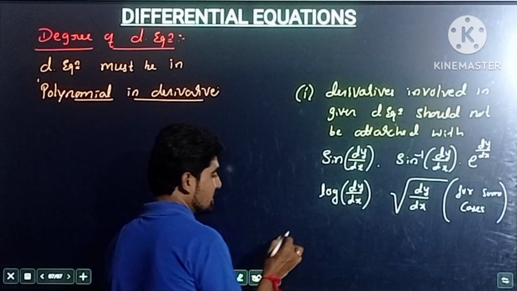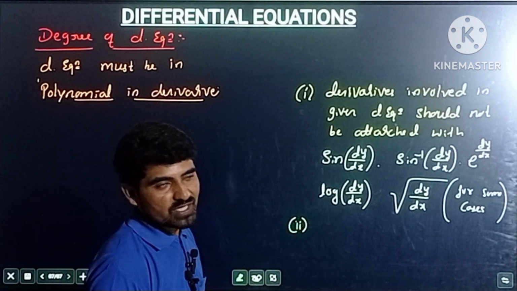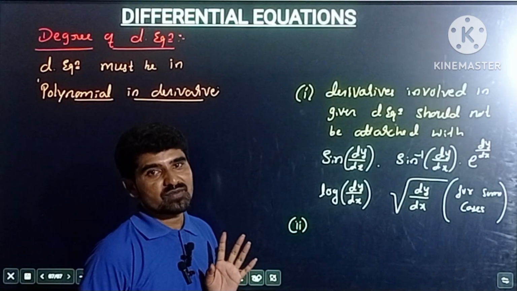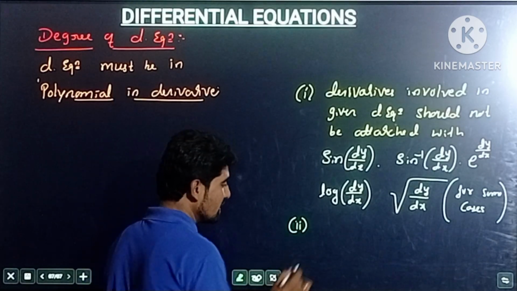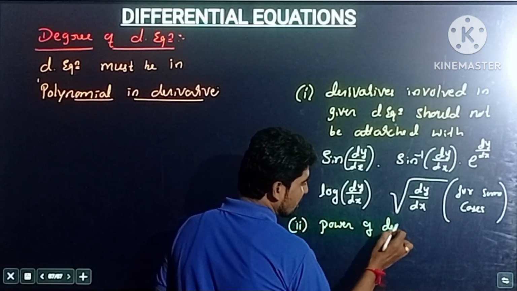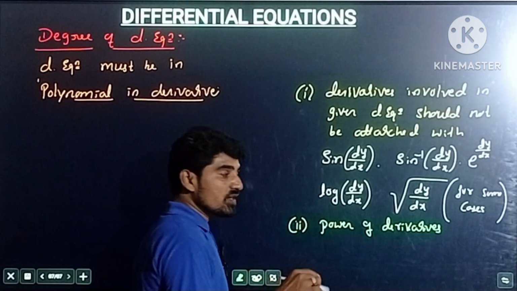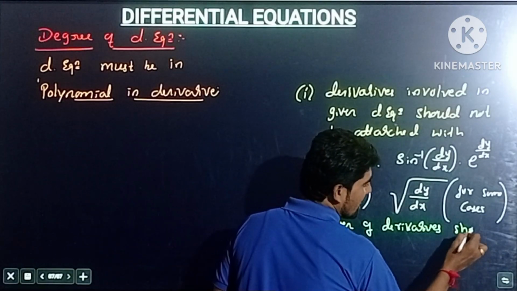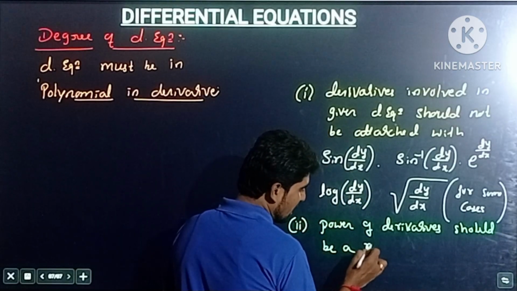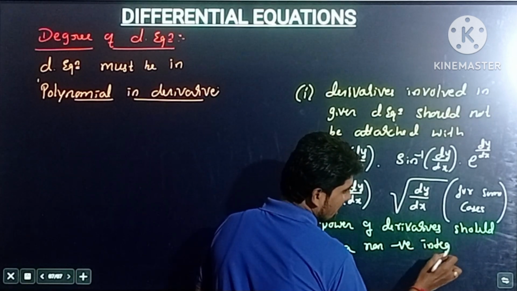And the second condition to say the given differential equation is a polynomial in derivative is that the power of the derivatives involved in the differential equation should be a non-negative integer.